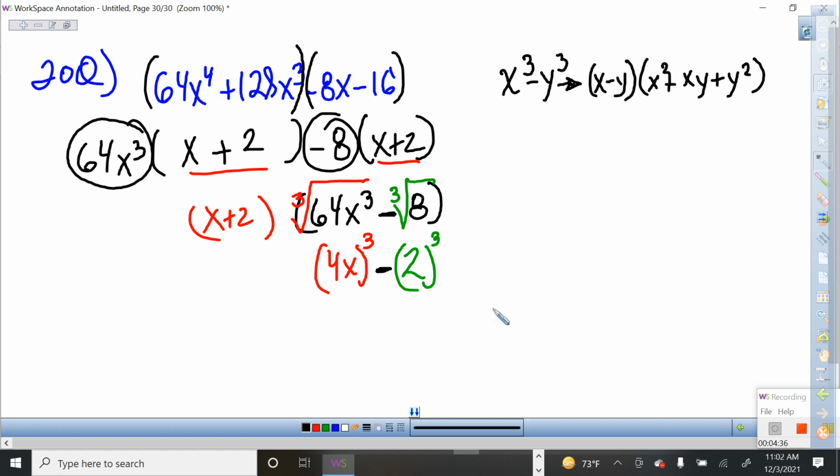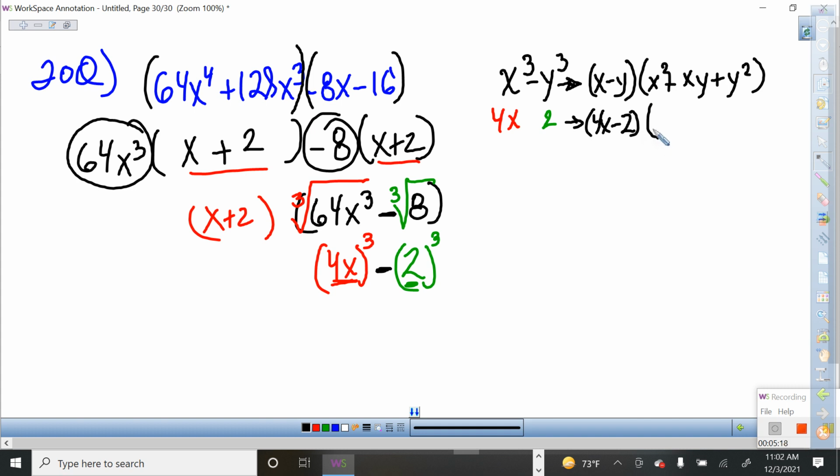Which means what, Mr. Q? That instead of x, what do I have? 4x. And instead of y, we have what? 2. So, if we were to replace all of these, instead of x and y, with these, what do I write? 4x minus 2.